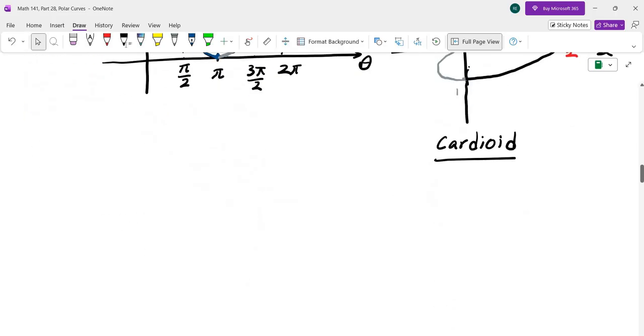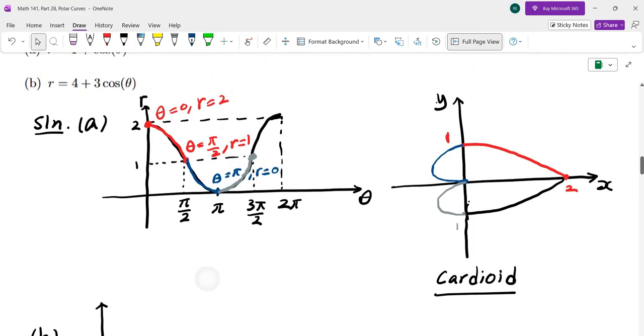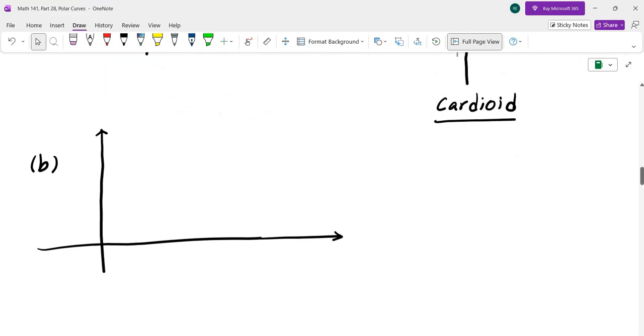So that's the first one. Let's look at the second curve. The second curve is 4 plus 3 cosine of theta. Okay, so this has a similar shape, but not quite the same. So this is r equals 4 plus 3 cosine of theta. We'll use the same strategy.